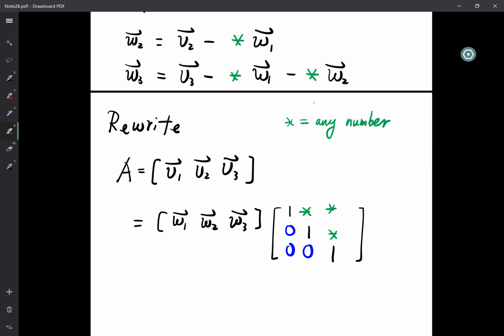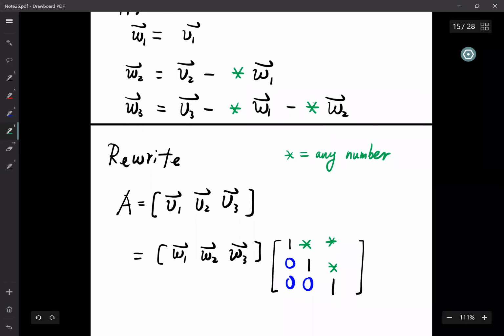It's just a number. Can you explain why this is 0 again? It's 0 because it has no dependence. V1 equals W1 times 1 plus 0 times W2 plus 0 times W3, so that it is W1. That's why there are zeros here. Similarly, V2 doesn't depend on W3 and therefore there's a 0 here. Okay, thank you.